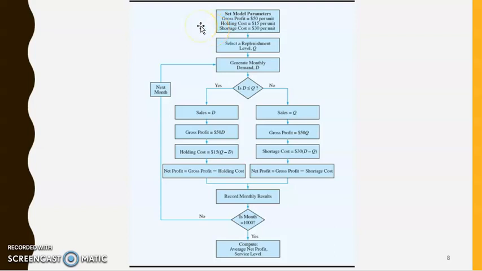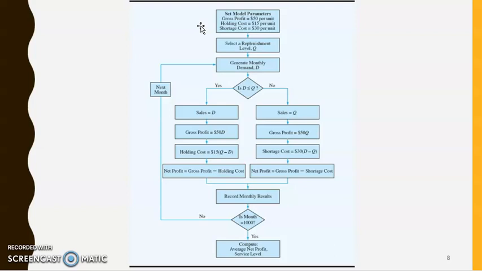It is not something new. In the scenarios that we just discussed, when D is equal or smaller than Q and when D is greater than Q, we considered all of those things.